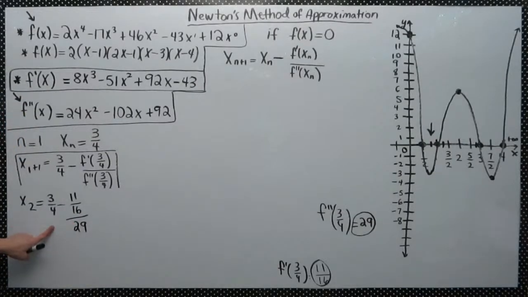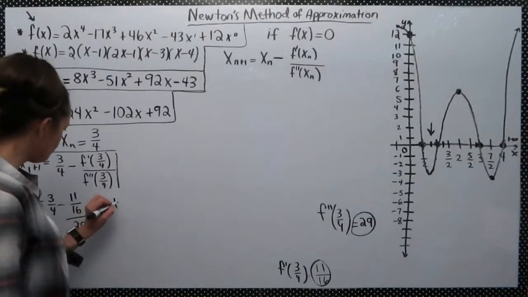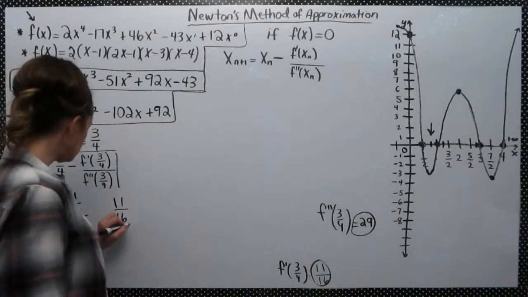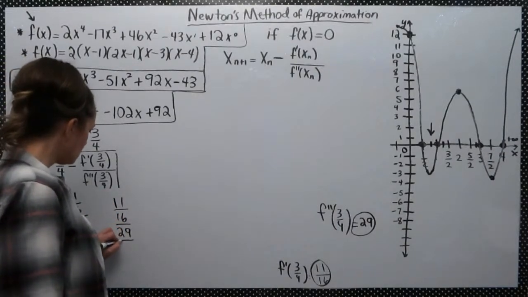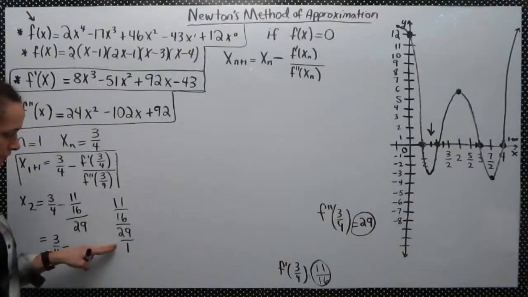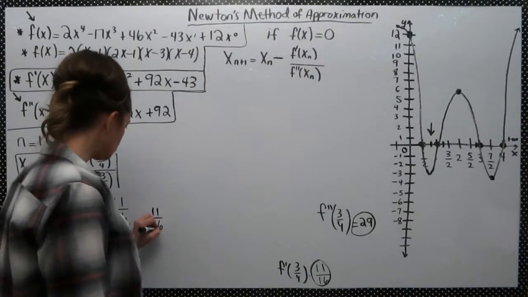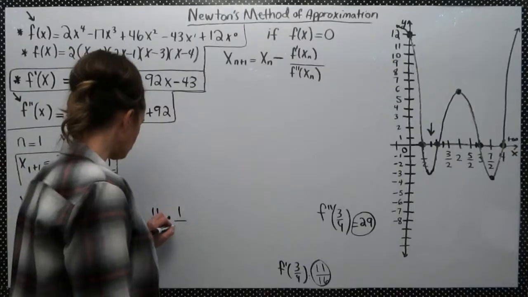So we have to solve this to find that value. So that's going to equal 3/4 minus, and then we've got to figure out what 11 over 16 divided by 29 is. And remember, when you're dividing fractions, that's the denominator, you are going to invert and multiply. So you get 11/16 times 1 over 29.